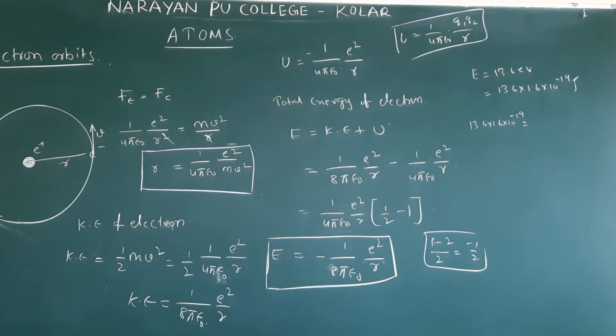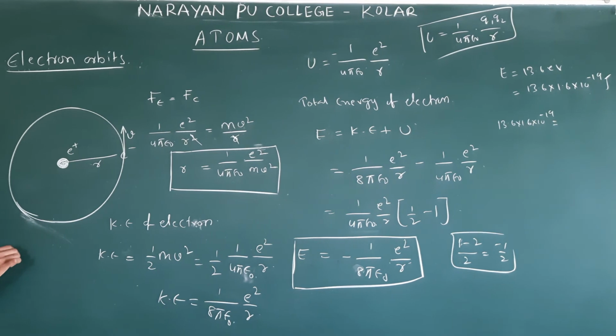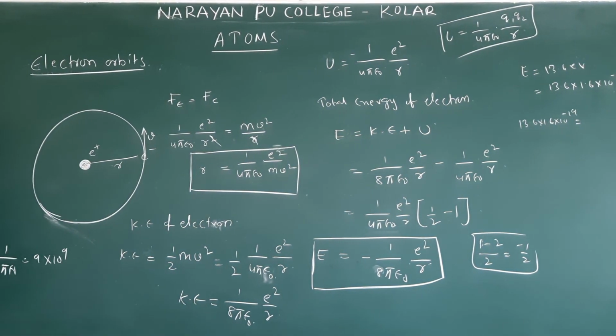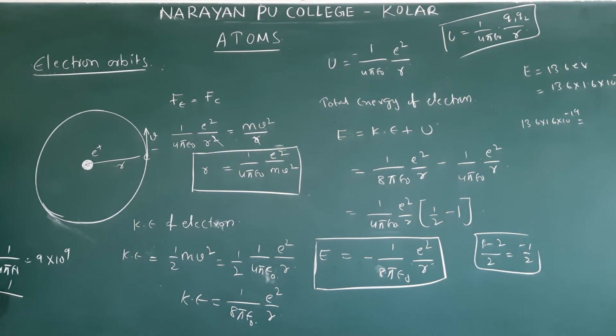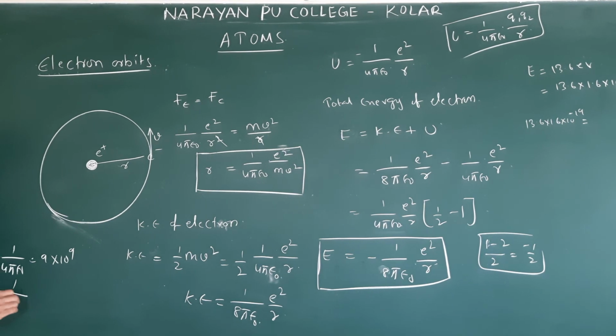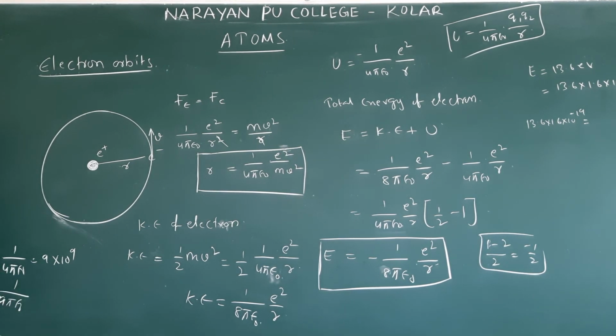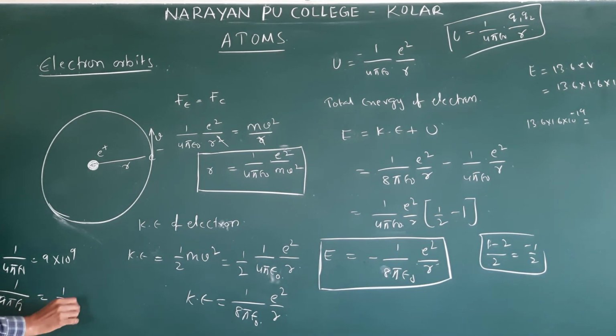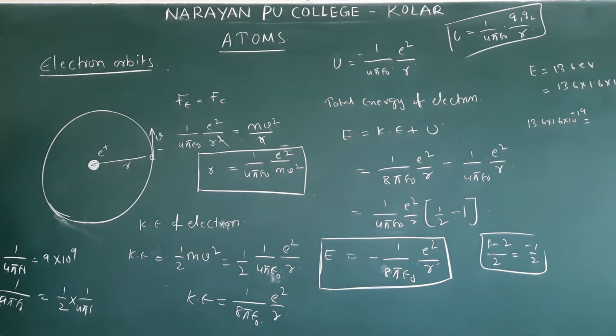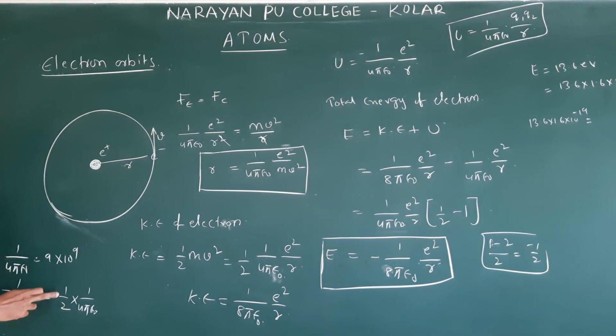1 by 4 pi epsilon naught is 9 into 10 power 9. Am I correct or not? But we have 1 by 8 pi epsilon naught here. This we can write as 1 by 2 into 1 by 4 pi epsilon naught. Am I correct or not? So 1 by 4 pi epsilon naught is 9 into 10 power 9, and 1 by 2 is there.